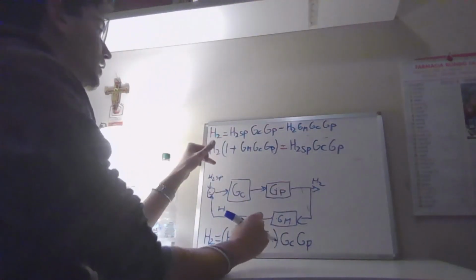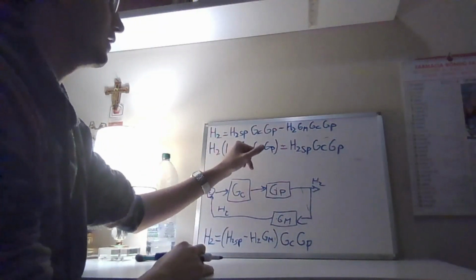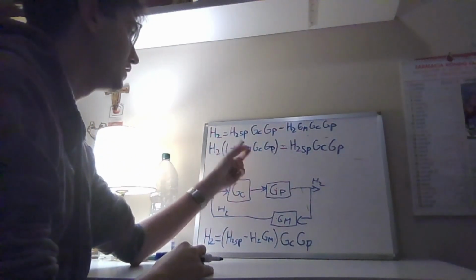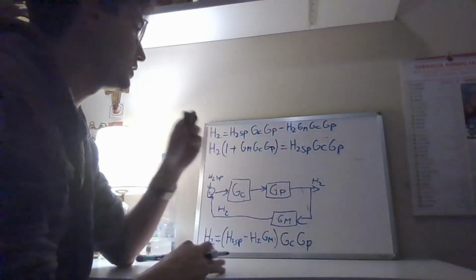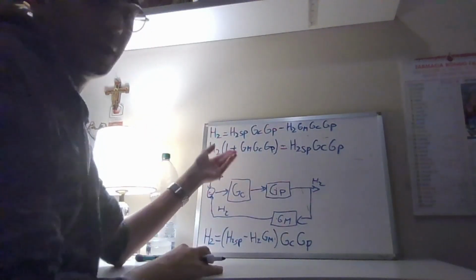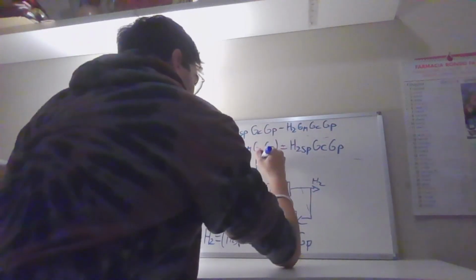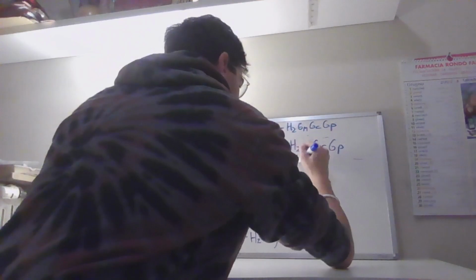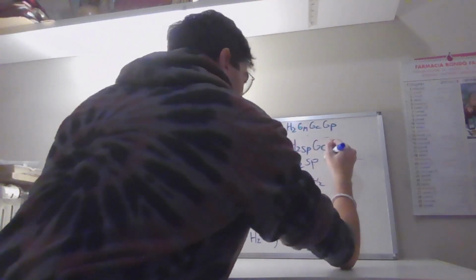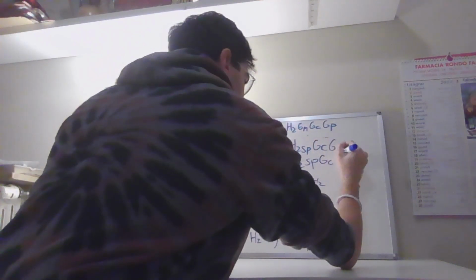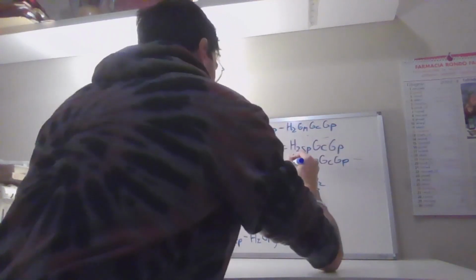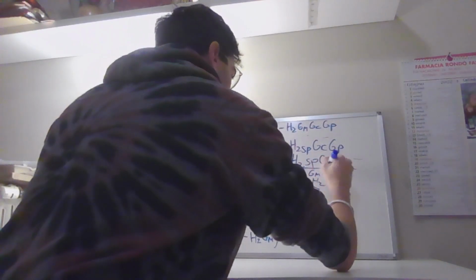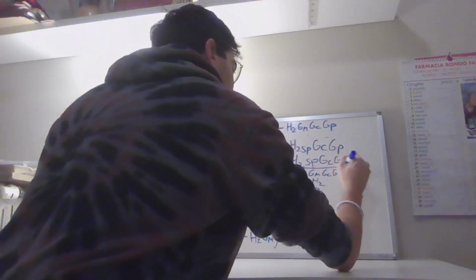And then now we can divide the right side by this value, 1 plus this whole multiplication of our three factors that we're taking into account, to get our final value for H2. So H2 is now equal to H2 SP multiplied by GC multiplied by GP all over 1 plus GM multiplied by GC multiplied by GP.